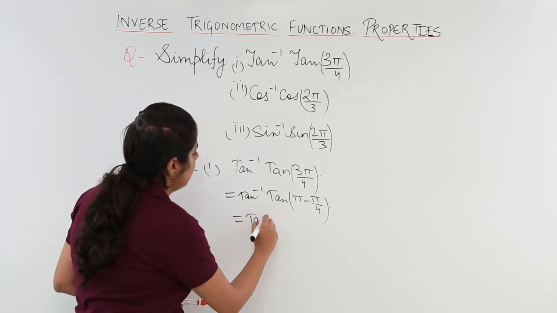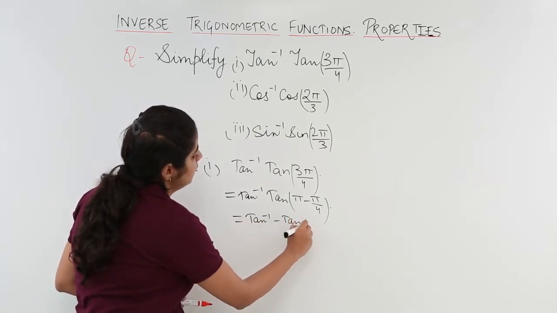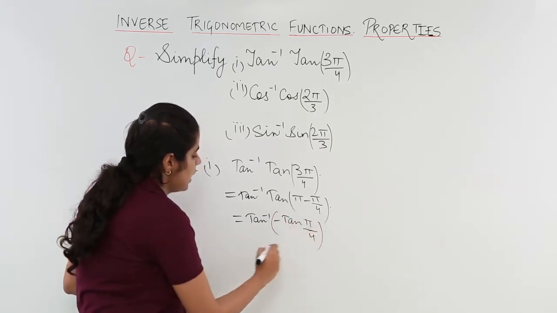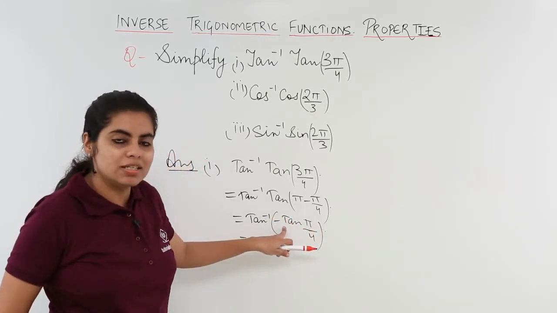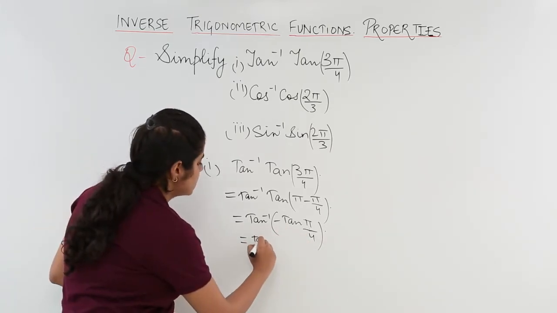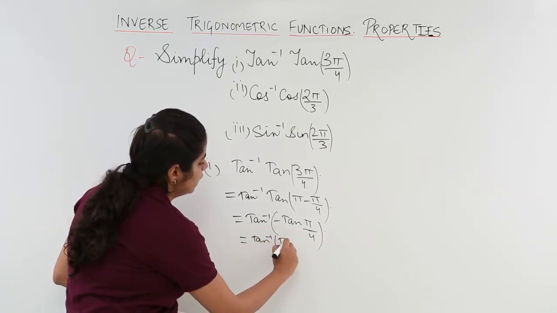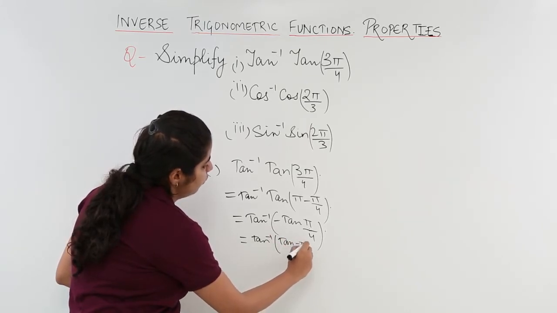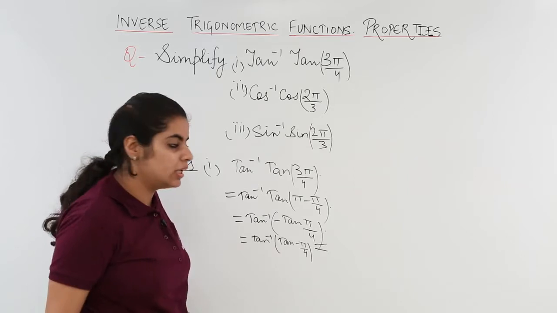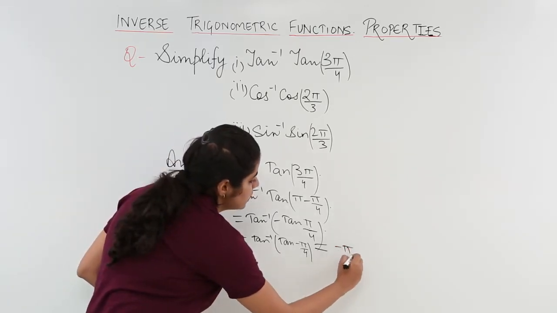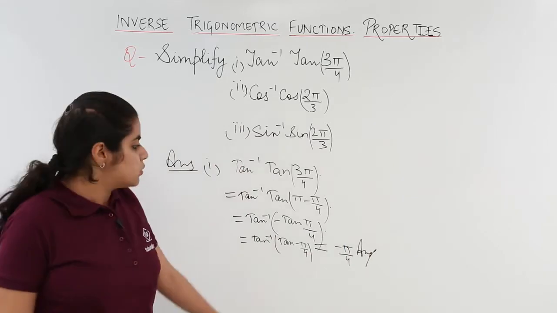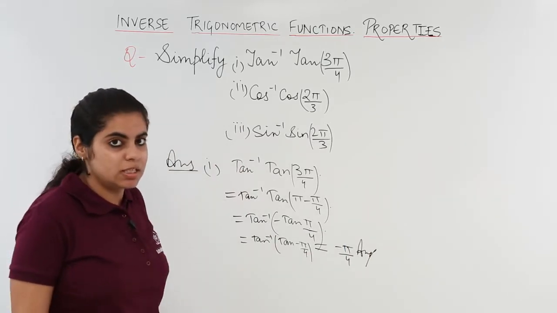So it becomes tan inverse minus tan theta, and this minus sign actually goes inside. So it becomes tan inverse tan minus pi by 4. Now what is the answer? Tan inverse and tan nullify each other. So the answer is simply minus pi by 4. Right? So the first part is done. The answer is minus pi by 4.